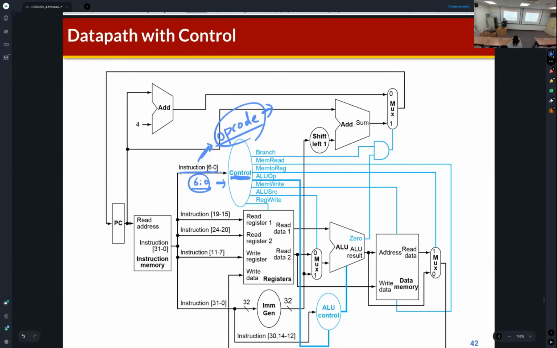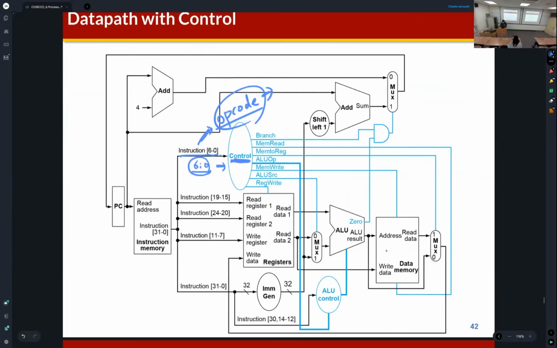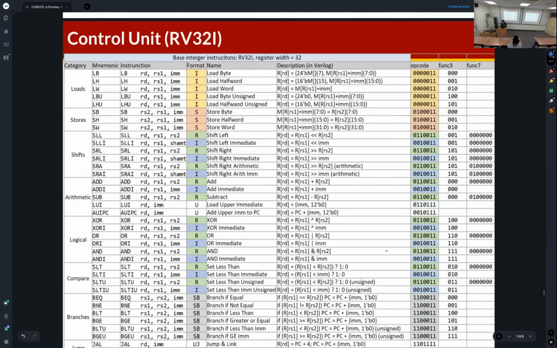And this OP code field tells the category of instructions. If you see this OP code field, based on it we can know the category of instruction, right?